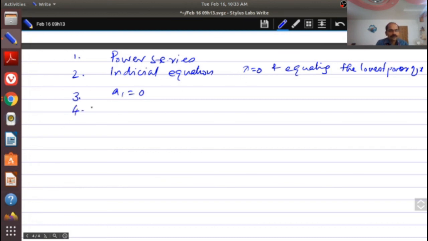Fourth, obtain the recurrence relation, assuming convergence or termination basically, and that will lead to the recurrence relation. And in the recurrence relation you substitute the solutions of the indicial equation, and use these to find the solution.